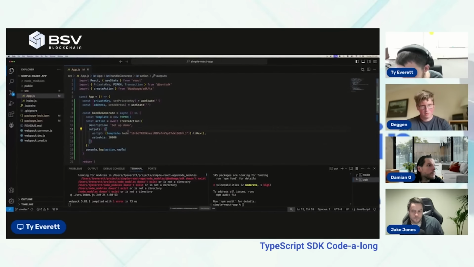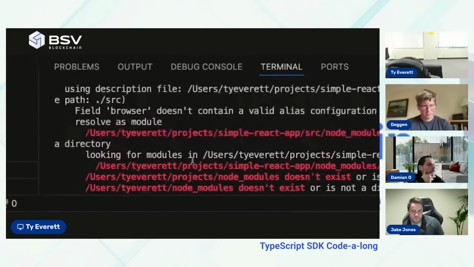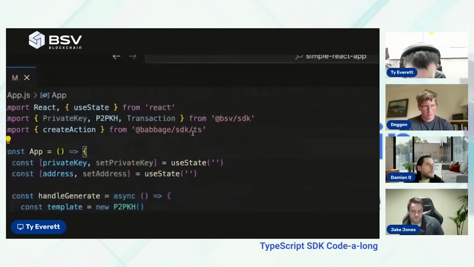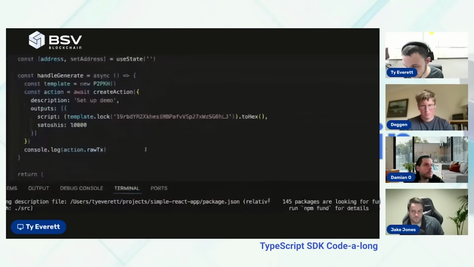Okay, so if I click that button, then it should do that. Oops. What's going on? Oh, I see. That's why all the type information was missing. Right, that would do it. There we go.